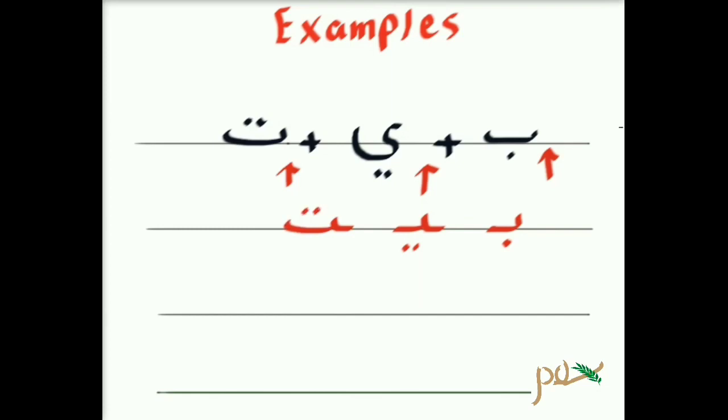This is the final form of the letter ta. Now we will put them together to make our word. This is the initial form of the letter ba. It's connected to the medial form of the letter ya. And this is the final form of the letter ta. Oh, this is our word.